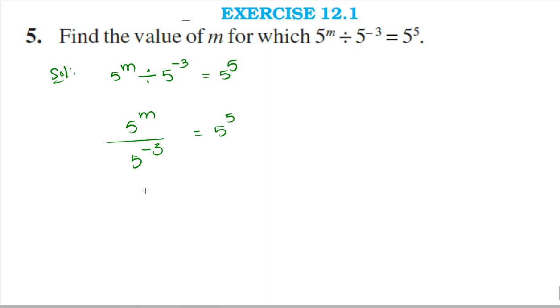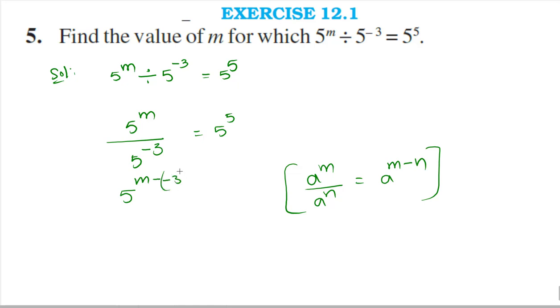Now if you observe the LHS value, that is in the form of a to the power of m by a to the power of n, that is equal to a to the power of m minus n. We can use this identity. So we can write this one as 5 to the power of m minus n, here n is negative 3, so we need to write again negative 3. So we need to put the bracket here, which is equal to 5 to the power of 5.